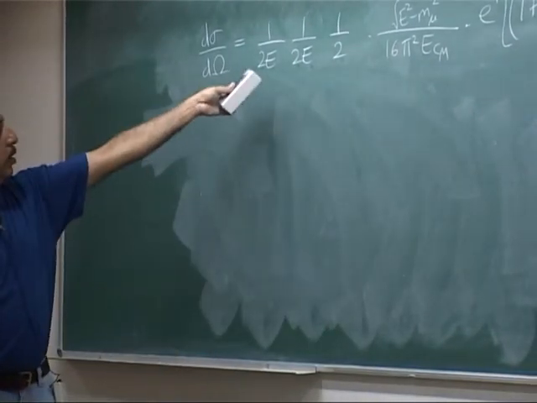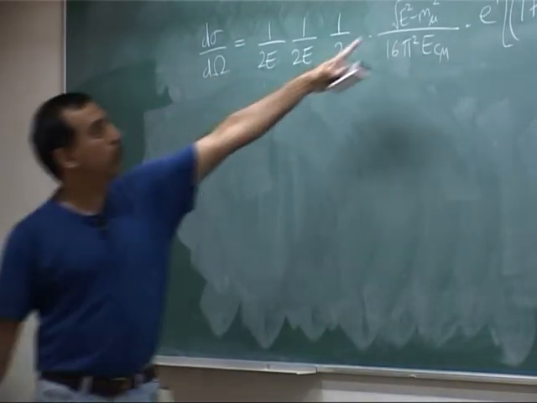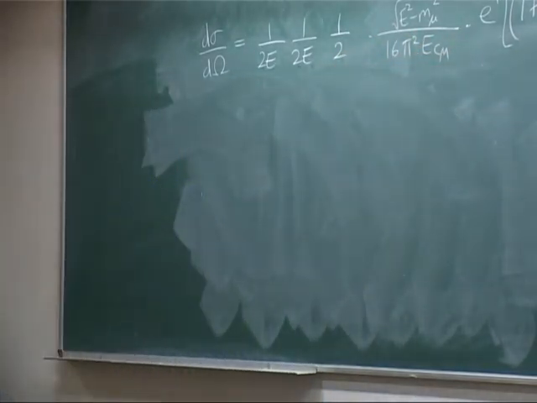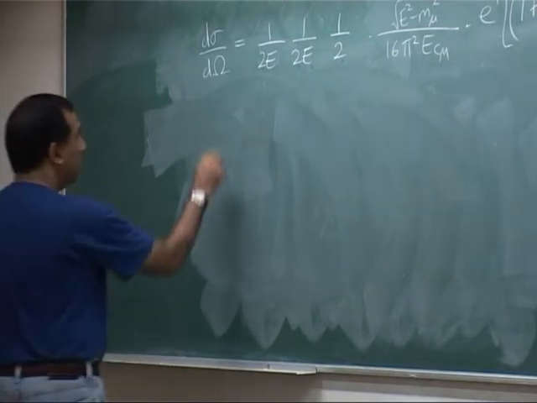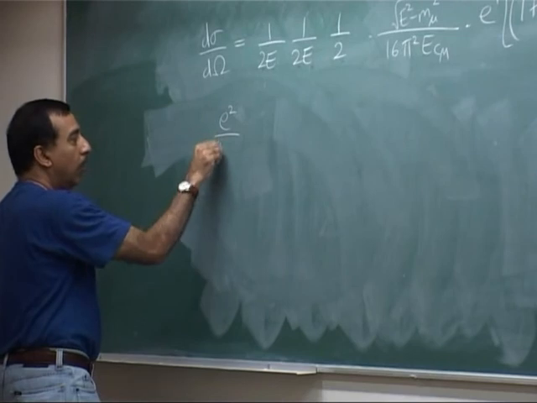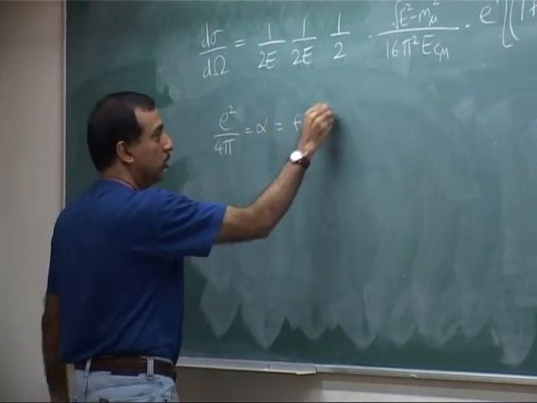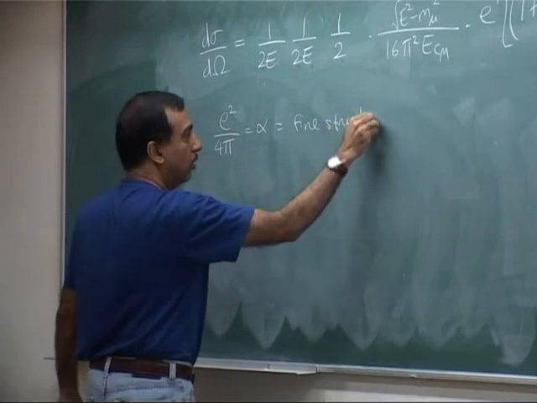So just replace E as ECM by 2 everywhere. That's all we have to do, and collect the terms. E squared by 4 pi has a name, it's called alpha, the fine structure constant. That's for historical reasons.